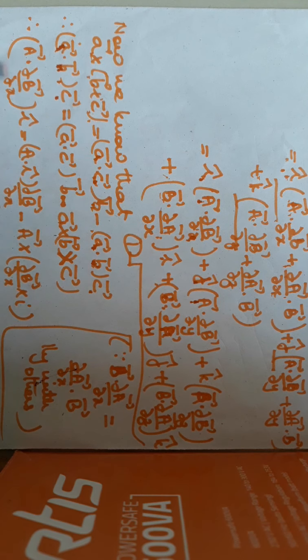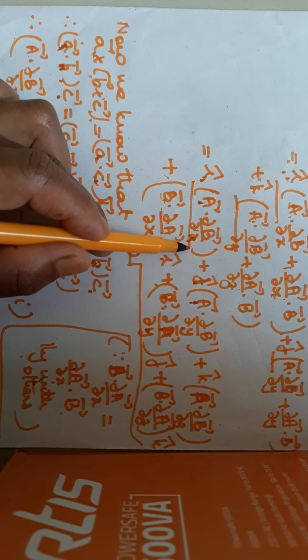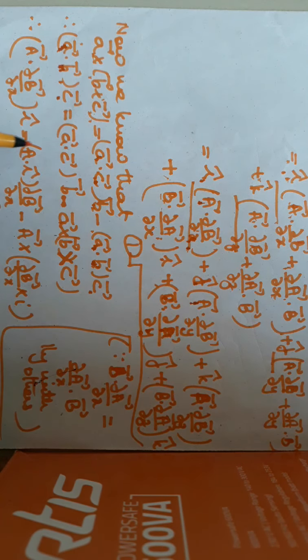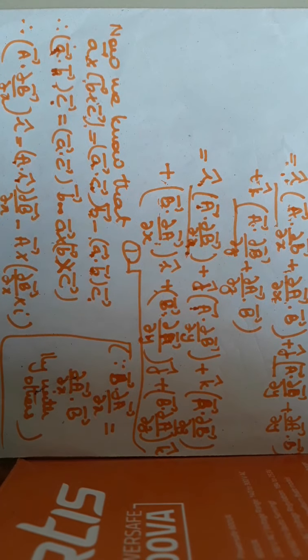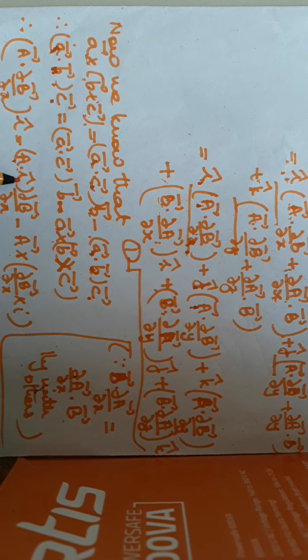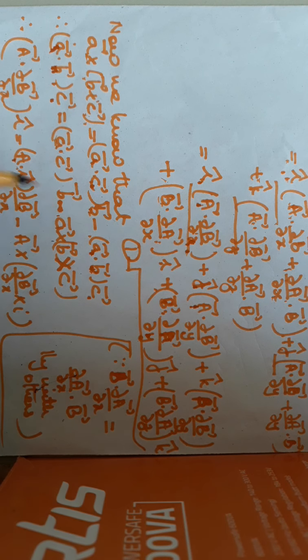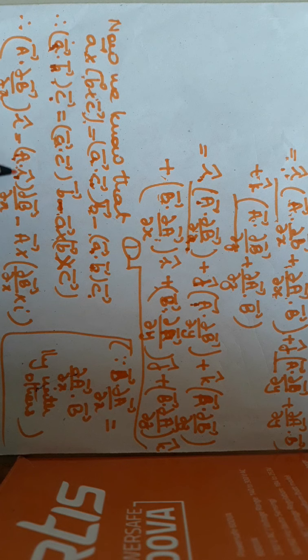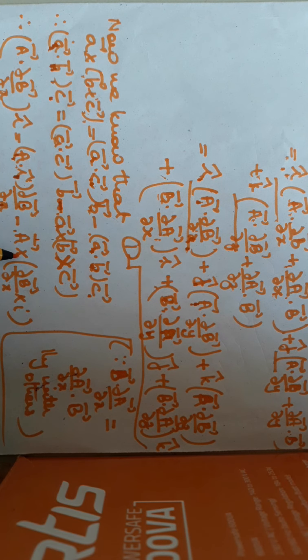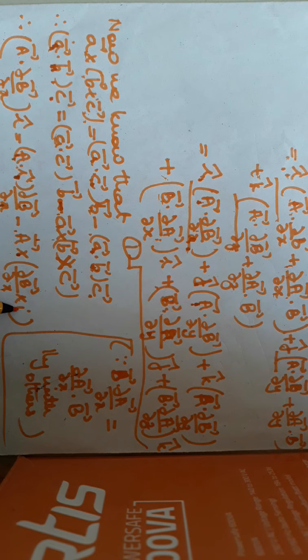Let me just show you this first part only, the rest will follow from this. You just replace i by j, i again by k. So you have a bar dot i cap into del b bar/del x, by applying this result, minus a bar cross del b bar/del x cross i.